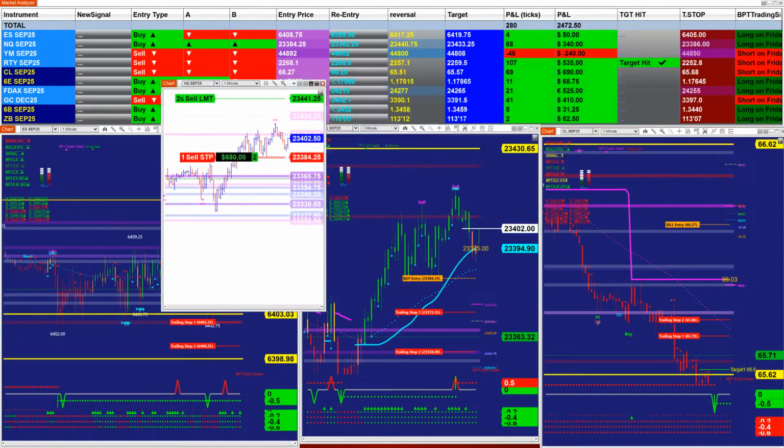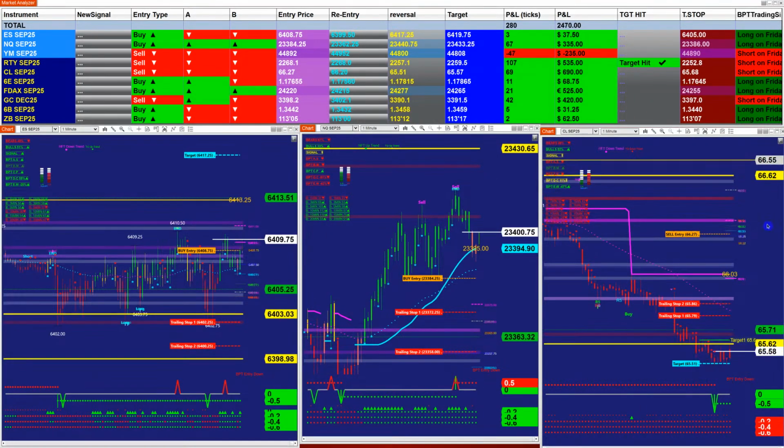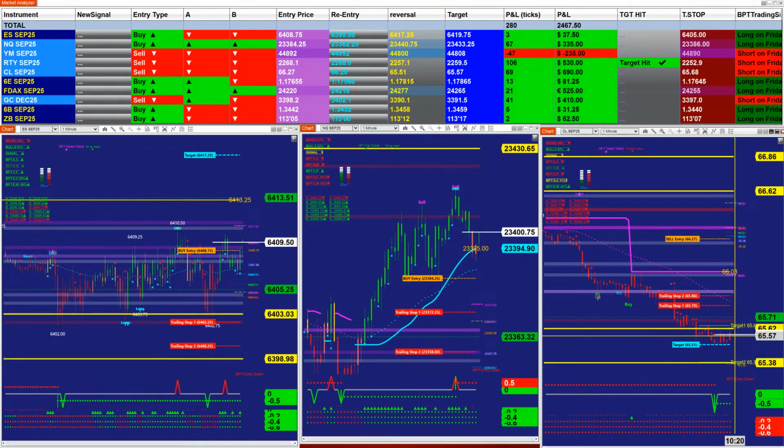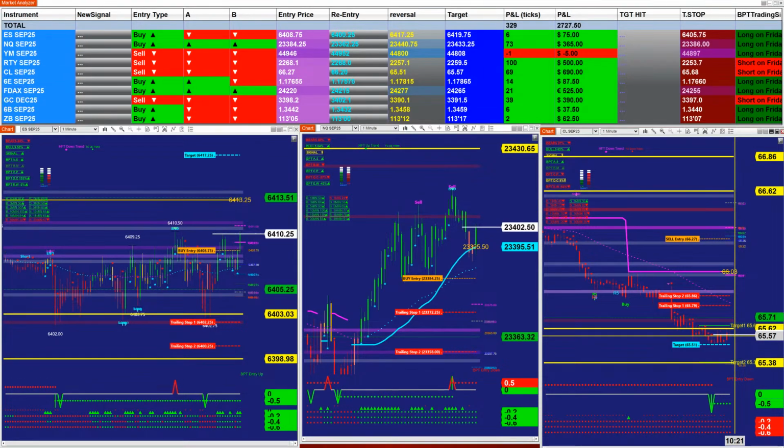Look, beautiful trending market on the CL. Every time you see confusion between the ES and the Nasdaq and they are not in sequence, with your eyes closed, turn on your auto trade on the CL because it's trending.